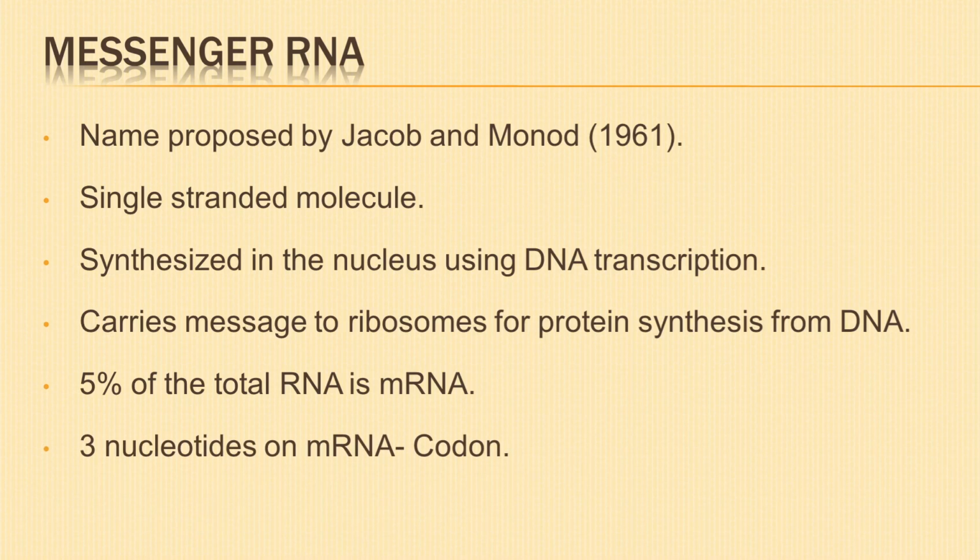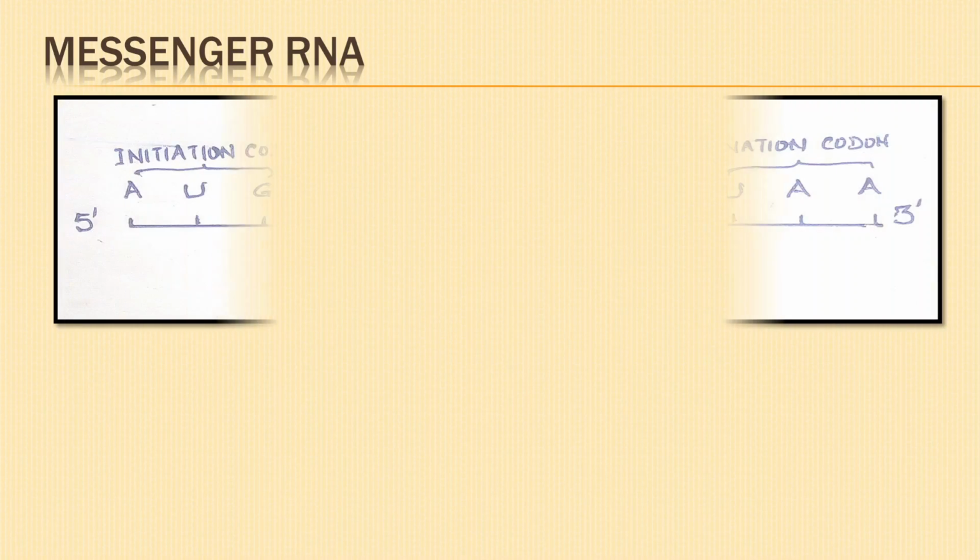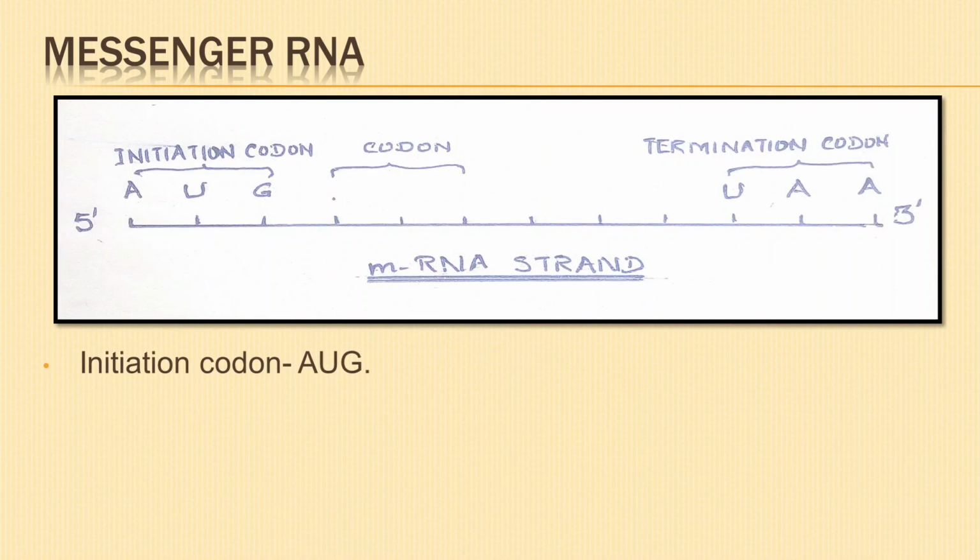A sequence of 3 nucleotides on messenger RNA is called codon. Each codes for specific amino acid. The start codon or initiation codon is AUG.